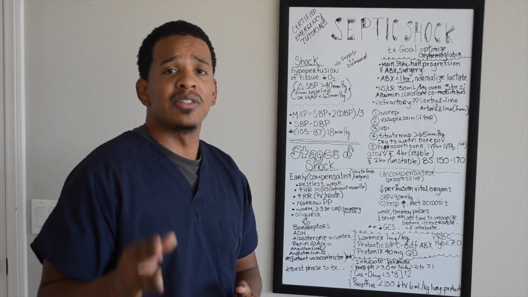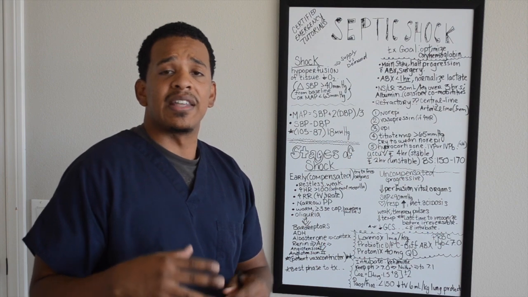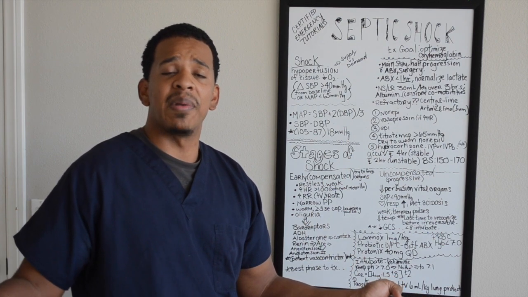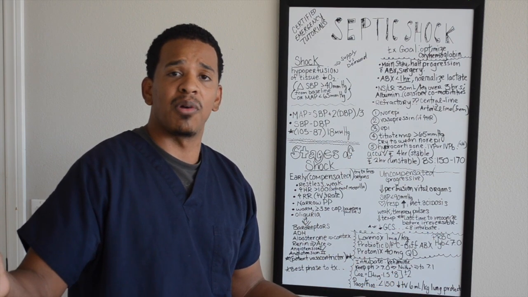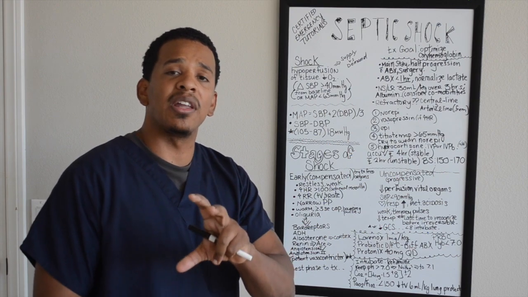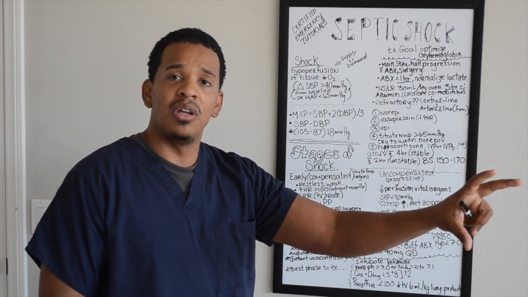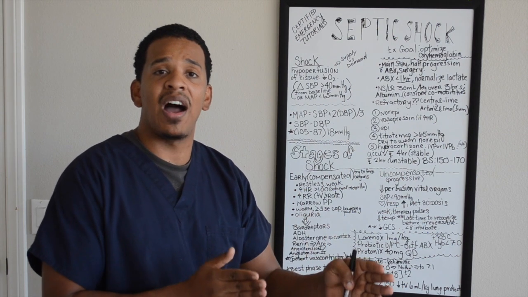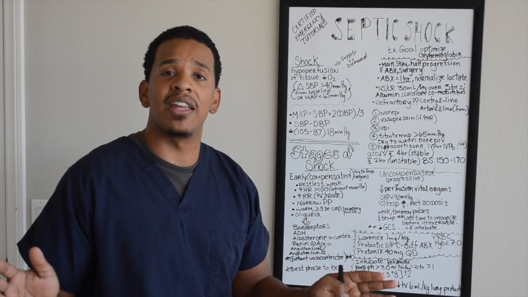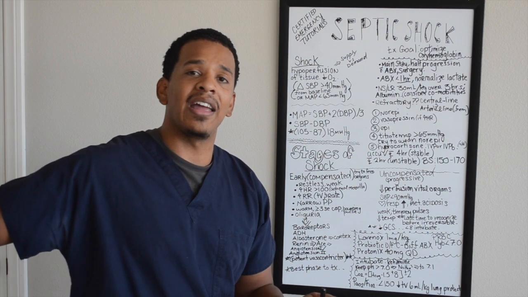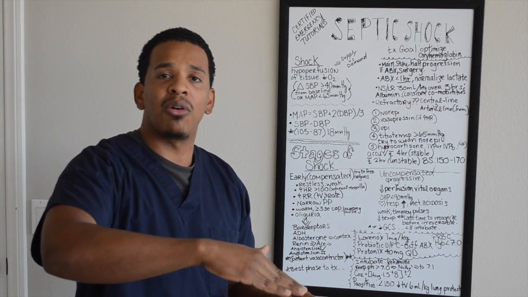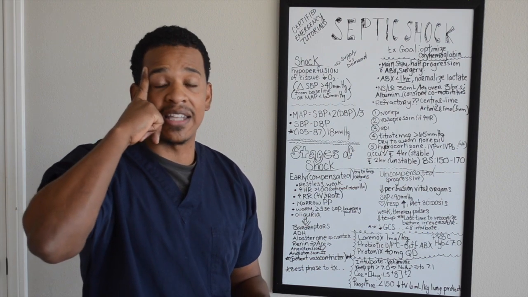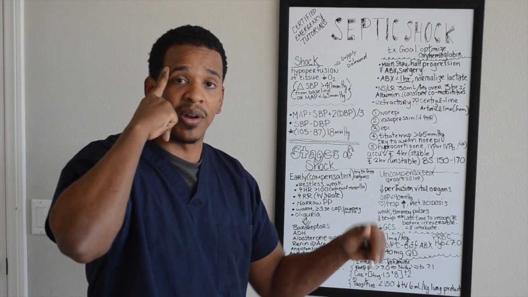Another clinical sign and symptom of shock is, say, a drop in baseline of your systolic blood pressure. So if I come in at 140 and now I have dropped to 92, I'm progressing into shock. Just because I'm not less than 90 or a MAP less than 65 does not mean I'm not in shock yet. You can have a baseline that high, drop down that fast within an hour. You have to be able to realize that and say, hey, let's get fluids on board now before it gets too late.